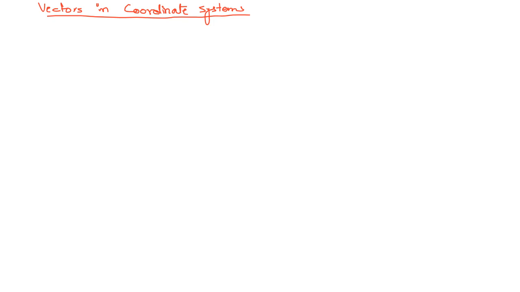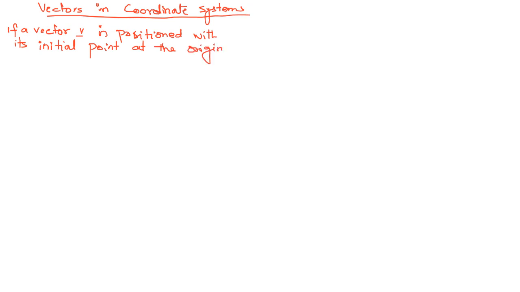If a vector v is positioned with its initial point at the origin, then its terminal point will have some coordinates.